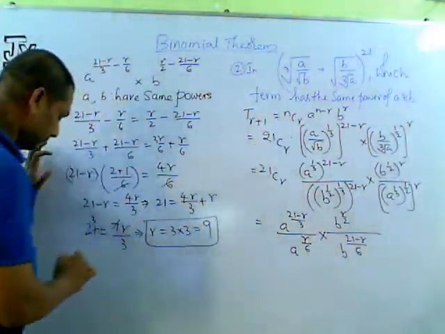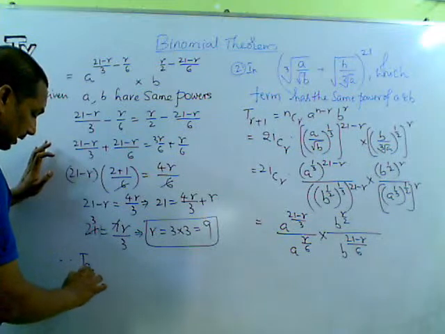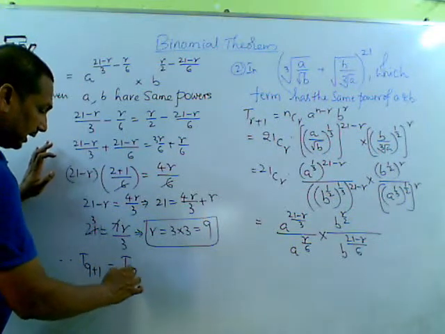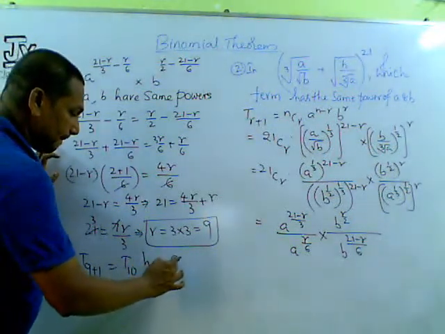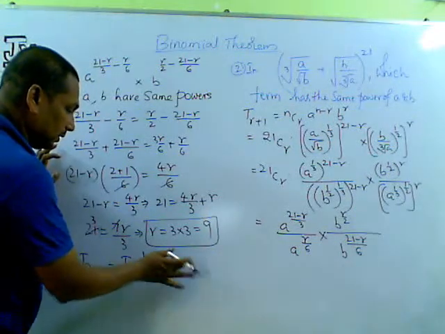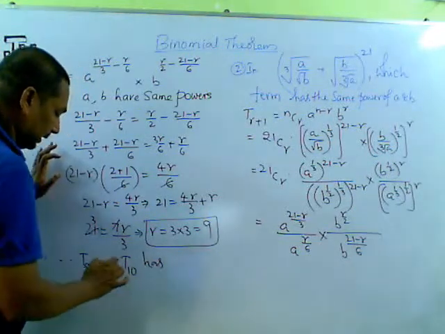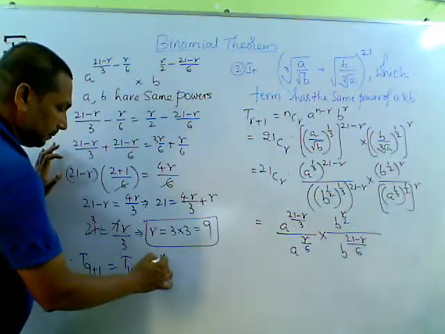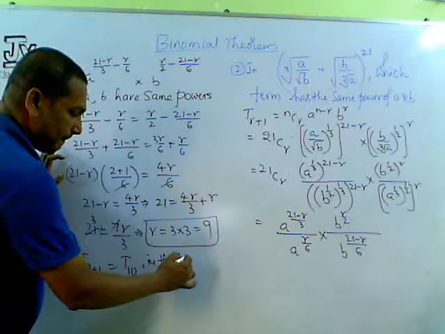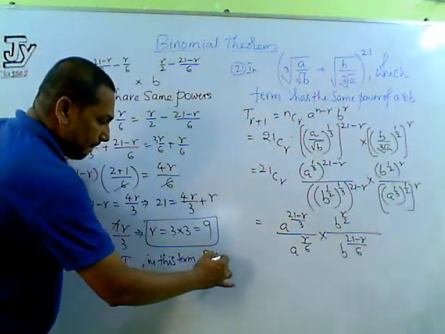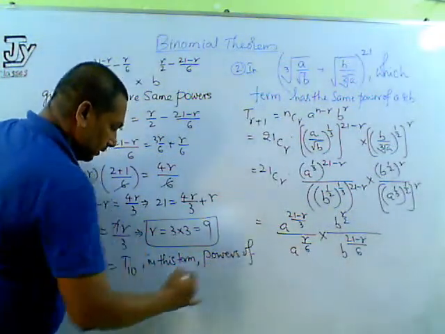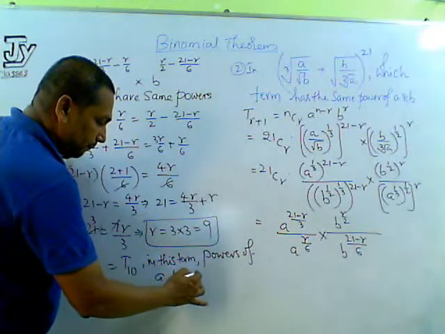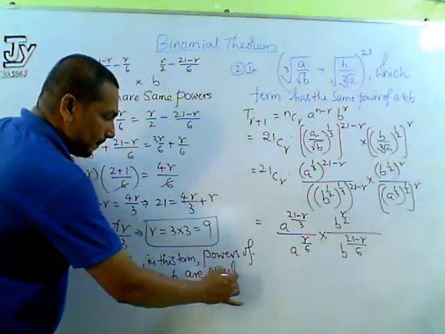Therefore T9 plus 1, that is T10, is the term in which the powers of a and b are equal.